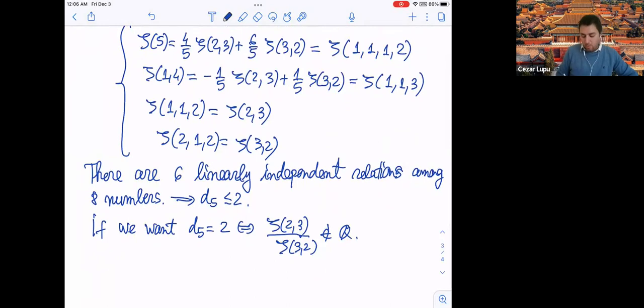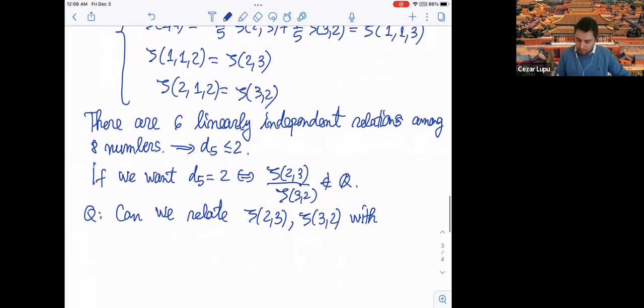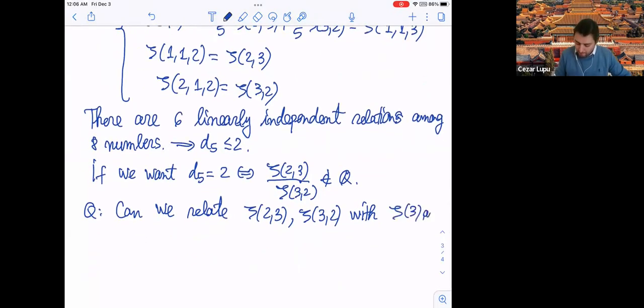So now we're wondering if there exists some kind of a relationship between these. So the question is, can we relate double zeta 2, 3, and 3, 2 with odd zeta values? Well, basically with zeta of 3 and zeta of 5. So that is a question. And the answer is yes.